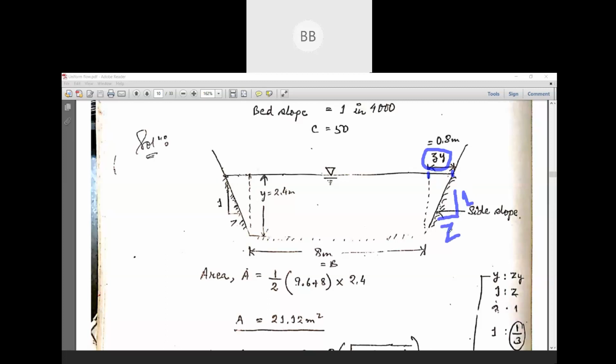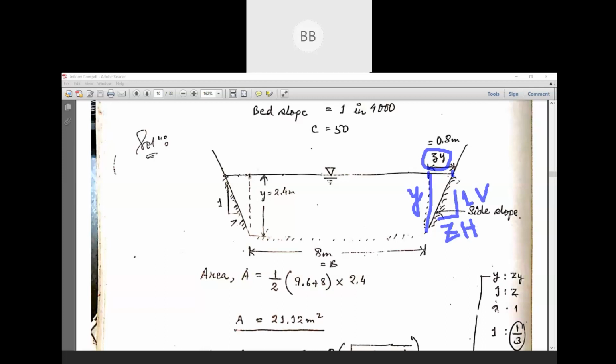This vertical distance is nothing but your y, your depth of flow. If you don't have any known slope, we consider 1 is to z as a side slope. This 1 is your vertical, and this z is your horizontal.